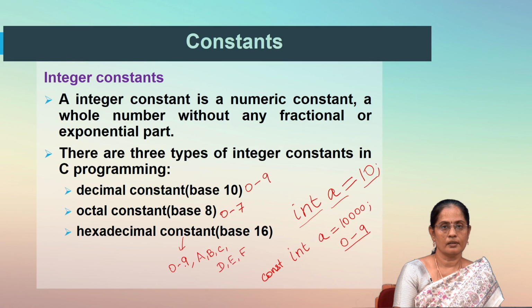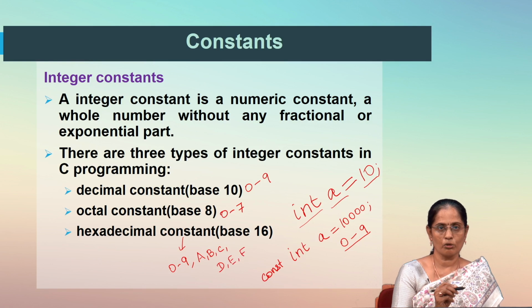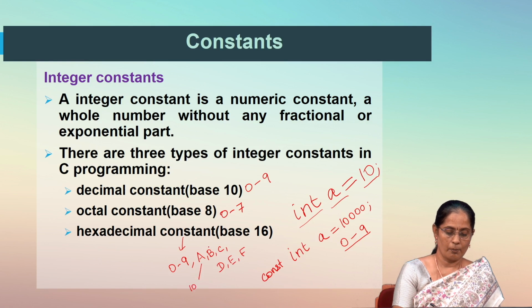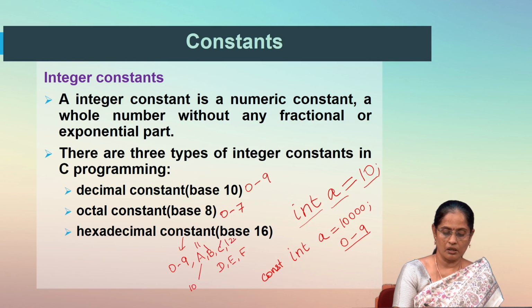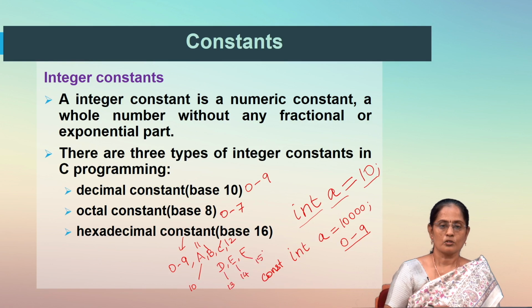So, 0 to 9 represent the values 0 to 9, and A is used to represent the value 10, B the value 11, C the value 12, D value 13, E value 14 and F value 15. Since it covers the values from 0 to 15, it includes 16 values in total, 16 constants. Hence, it is defined as a hexadecimal constant.